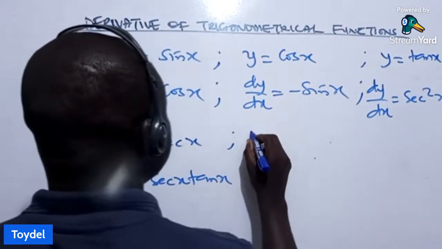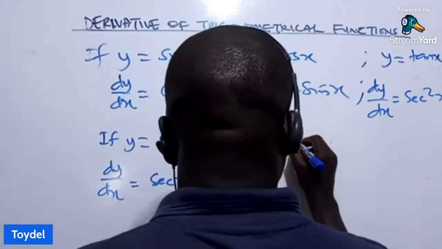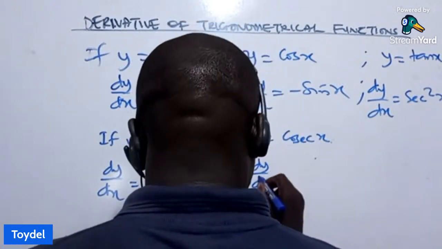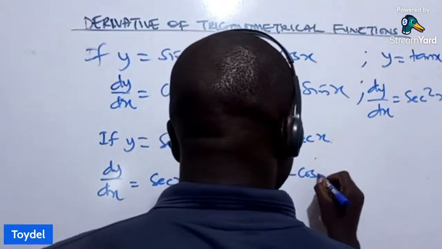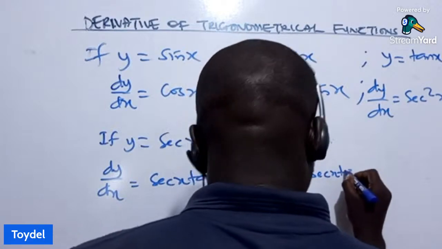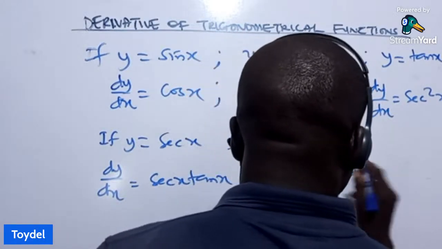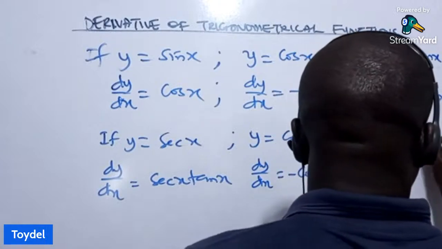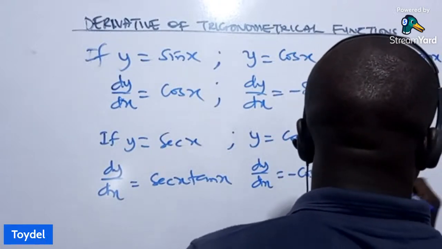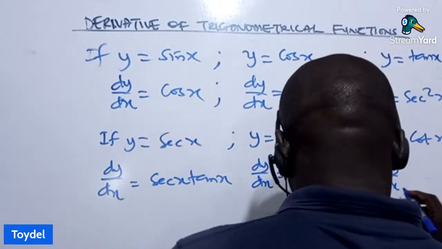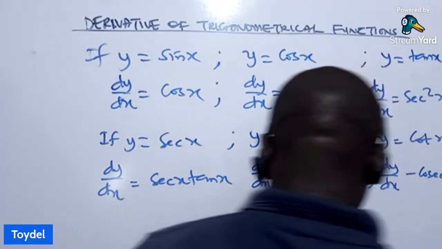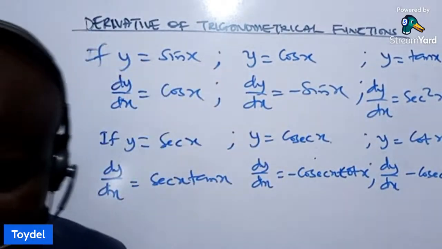If y is equal to cosec x, then dy/dx will be equal to minus cosec x cot x. That's what you get. Then finally, if y is equal to cot x, then dy/dx will be equal to minus cosec squared x. So that is what we are going to have.